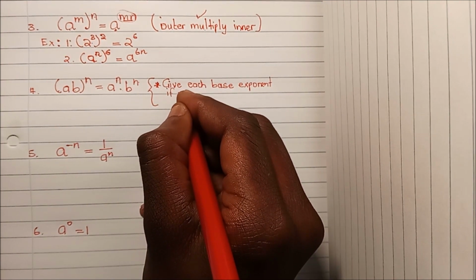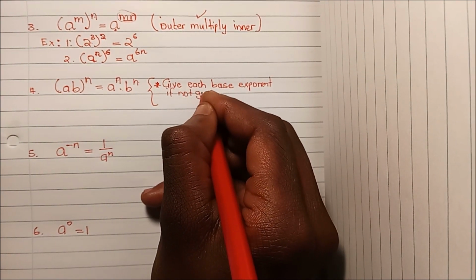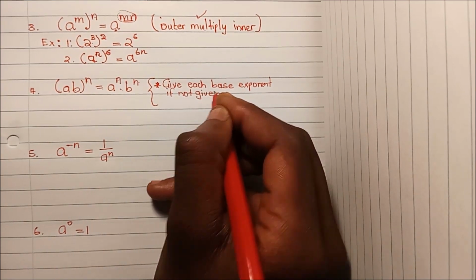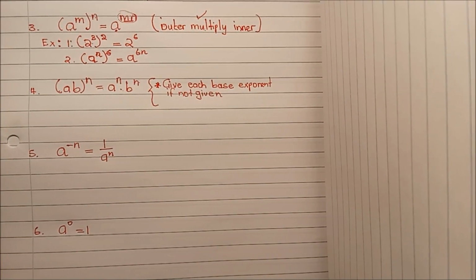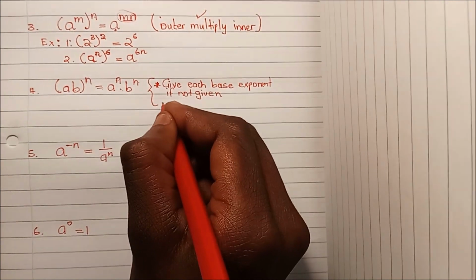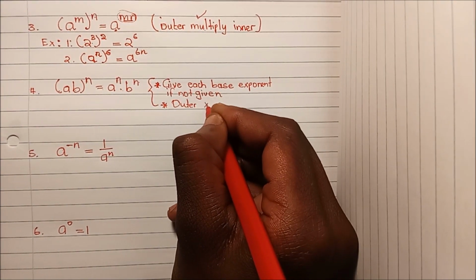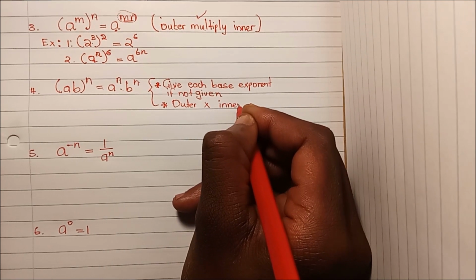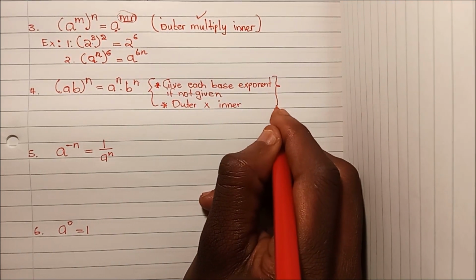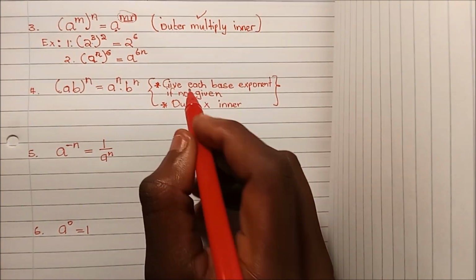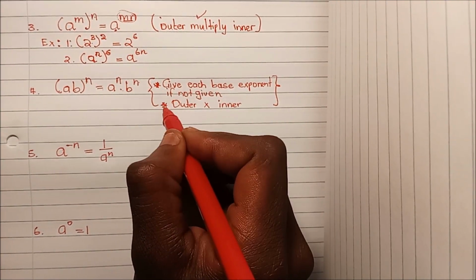If not given, that's what you should start with. And then we will apply outer multiply inner. So for this law, if we follow these two points, you will never go wrong.